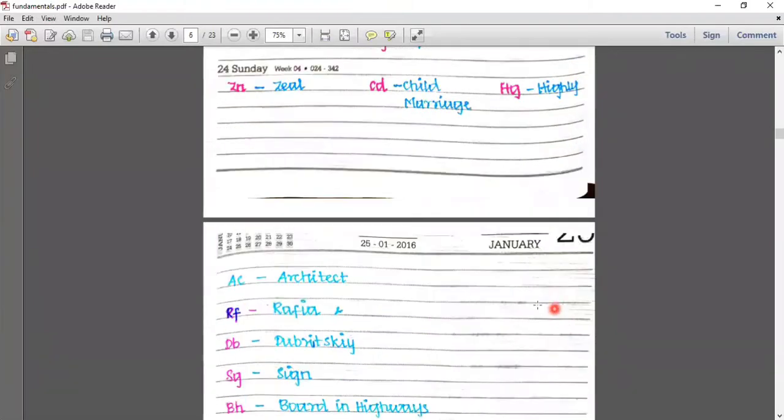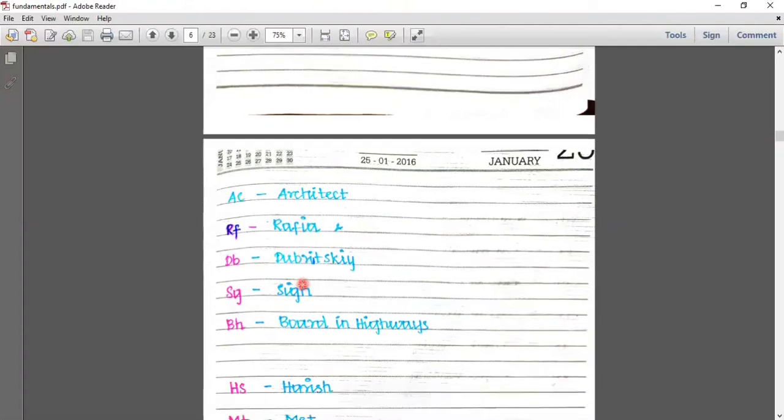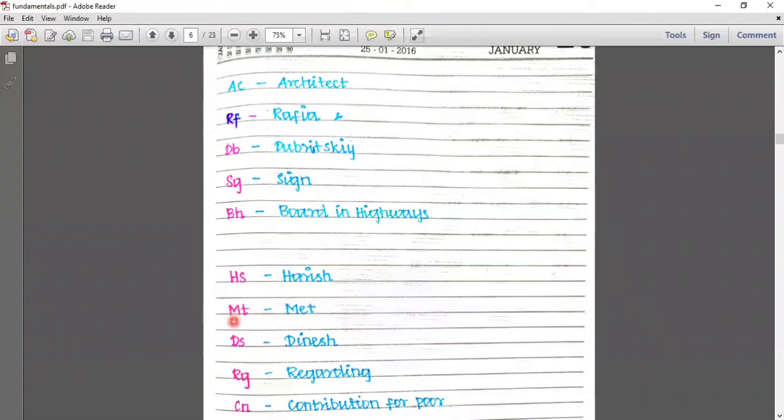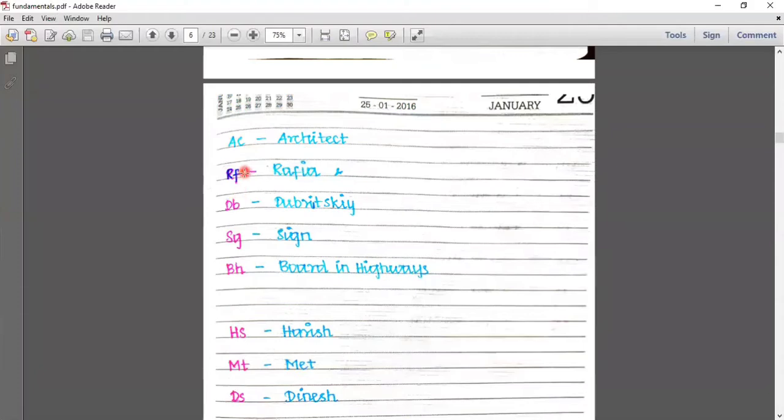Next one is actinium, rutherfordium, dubnium, seaborgium, bohrium. "Architect Raffia and Dubny-Teskey signed board in ivies." Next: hassium, meitnerium, darmstadtium, roentgenium, copernicium. These are newly discovered elements.